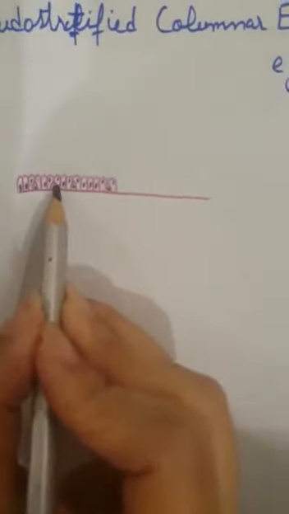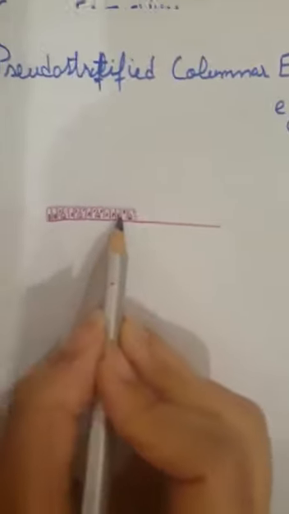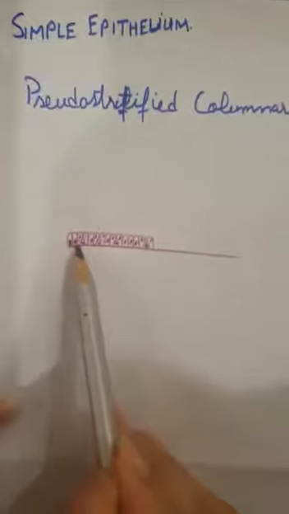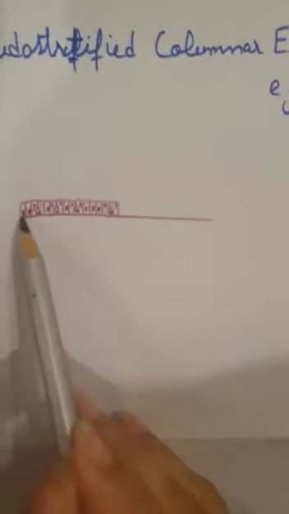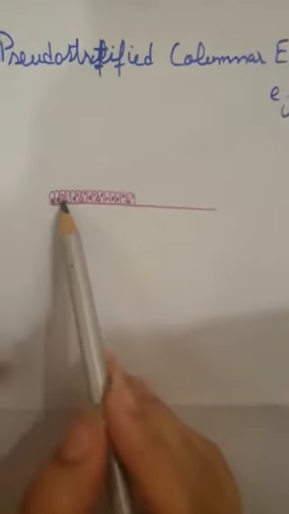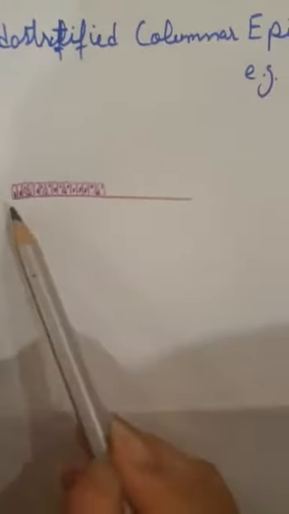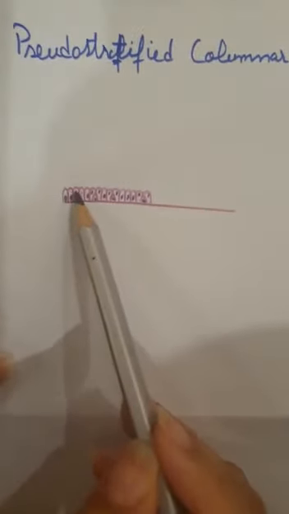As you can see, the nuclei appear to be lying on multiple layers. So this epithelium appears to be multi-layered, but in fact it is only single layered, consisting of columnar cells and basal cells. The pseudo-stratified appearance is due to the different positions of the nuclei.